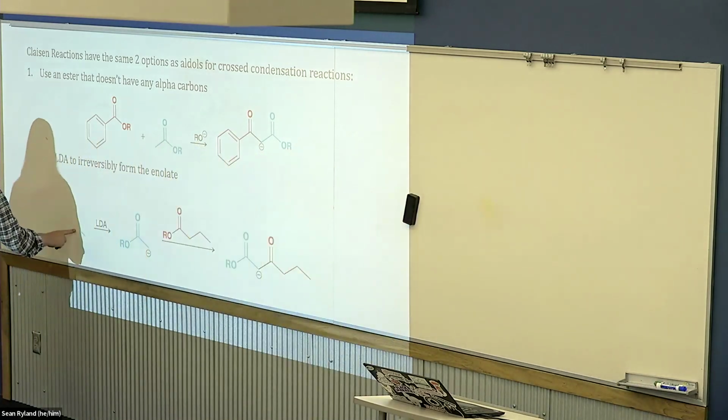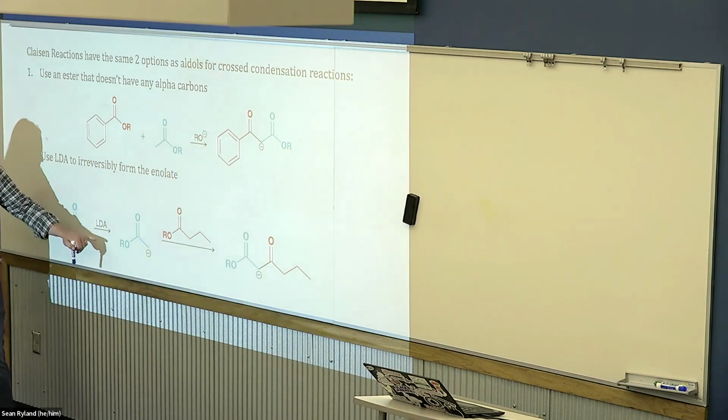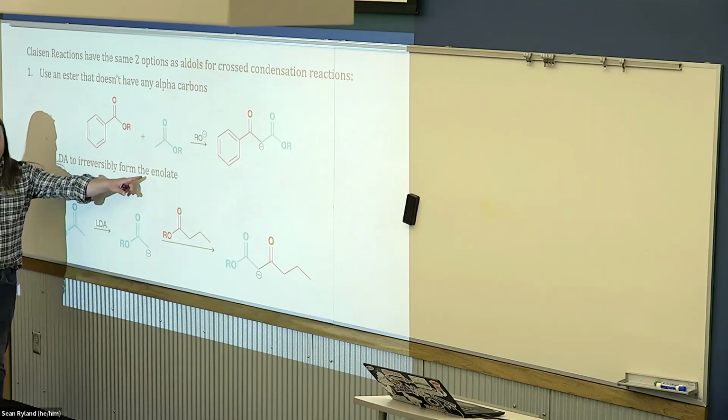So you deprotonate your first ester. This isn't technically an enolate at this point, because it's not an aldol, or it's not a ketone or an aldehyde, but we still refer to it as an enolate.